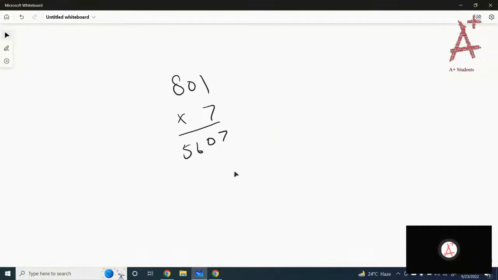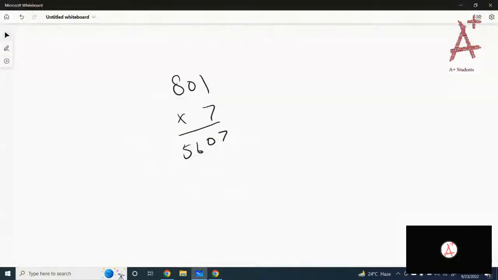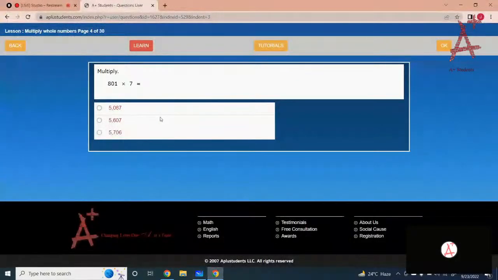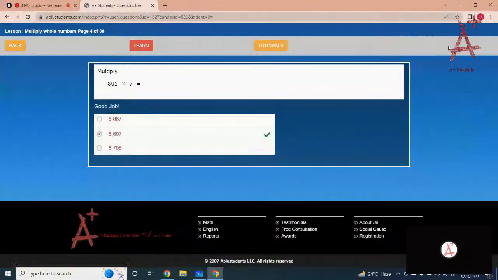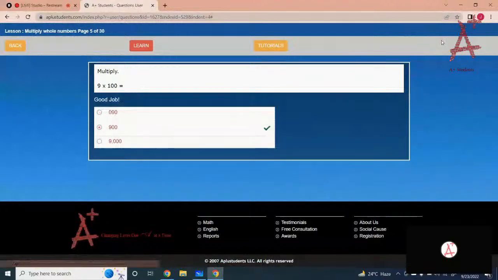So it is 5607. Okay, the next one is 9 times 100. So 9 times 100 is 900.